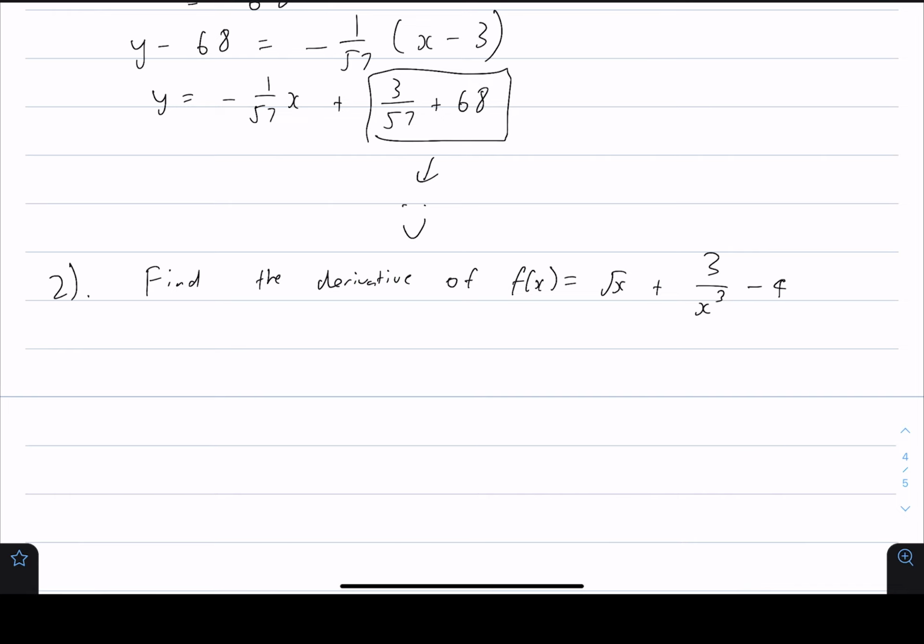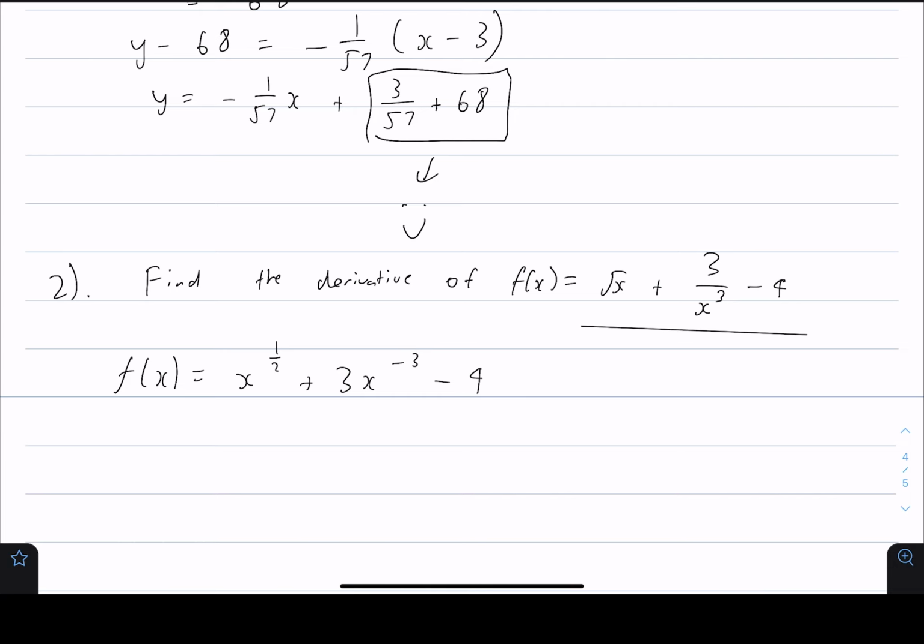But basically, the power rule extends to everything. All we have to do is write these as indices. So how is that done? We know that root x is the same as x power of a half. We know that 3 on x cubed is the same as 3x power of negative 3. And we know that minus 4 is just minus 4.